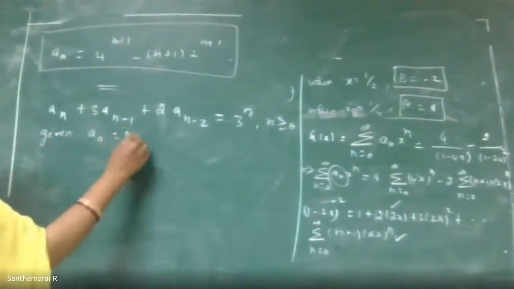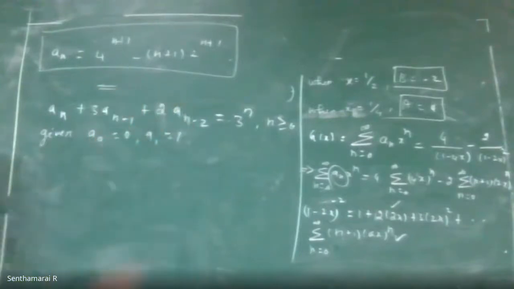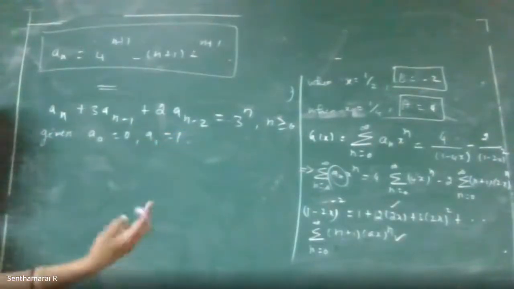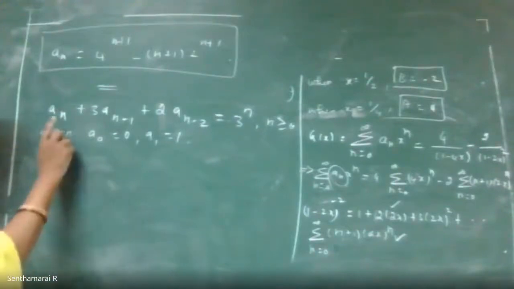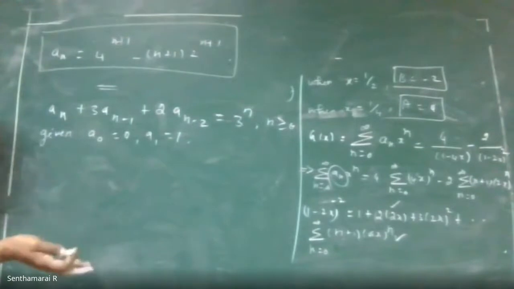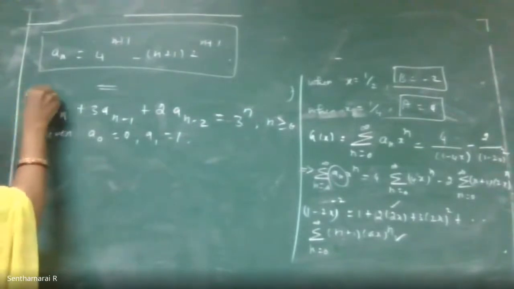Given a0 equal to 0, a1 equal to 1. That's it, this is the problem. You please note it down. It's of degree 2. Degree or order, both are the same in a recurrence relation, which is 2. So I have to take the summation over 2 to infinity.